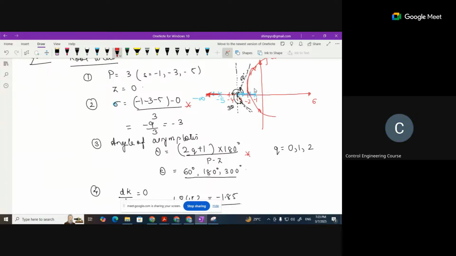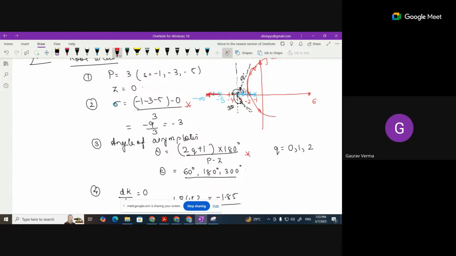What I'm talking about is at the breakaway point, when the root locus will bifurcate from the real axis. No, you're just mixing these two points. The 60 degree asymptote is for infinity values.